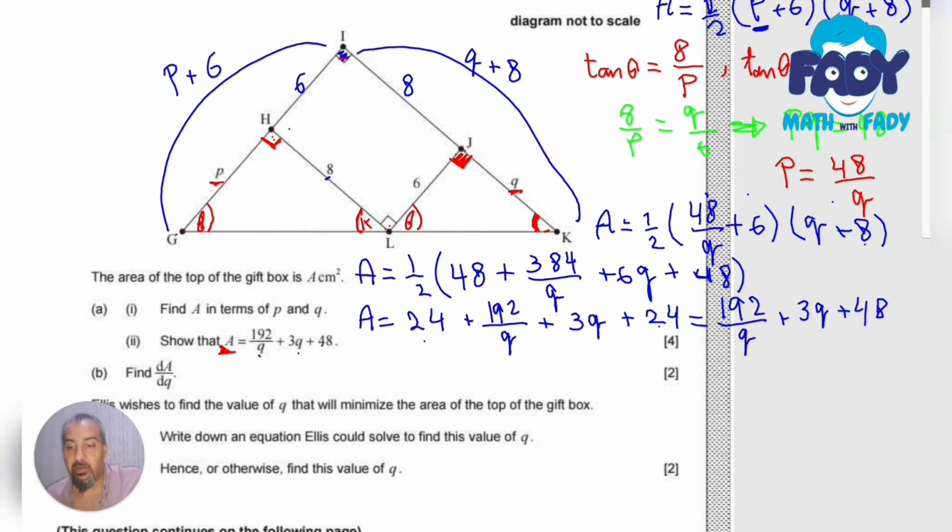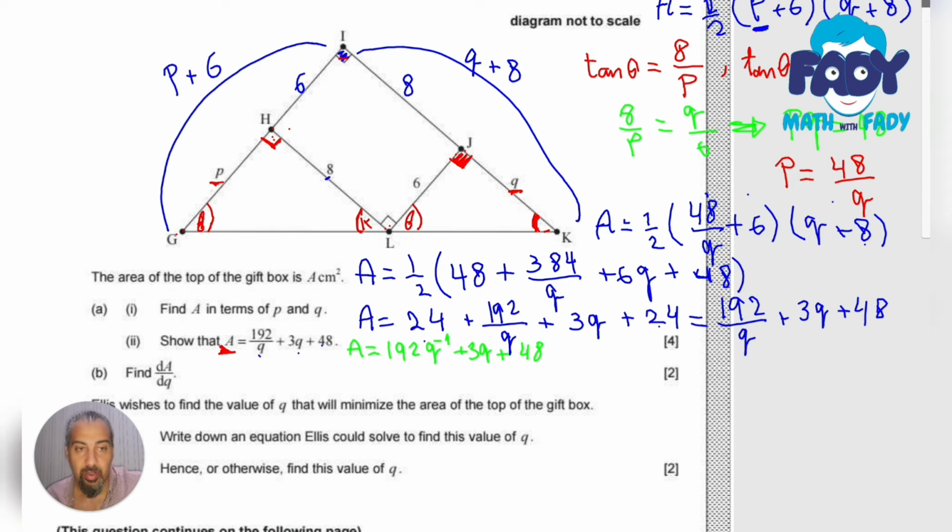B, find dA over dQ. We need to find the first derivative of this expression of the area. To find the first derivative, it will be better to rewrite this area: A equals 192, and this Q, instead of in the denominator, we will write it up with power minus 1, plus 3Q plus 48.